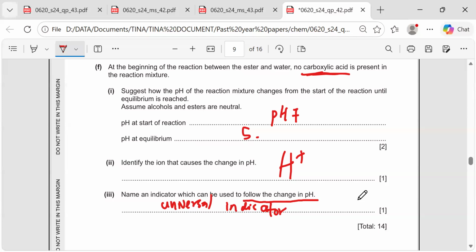Okay. Orange is only like that. Methyl orange is not colorless.